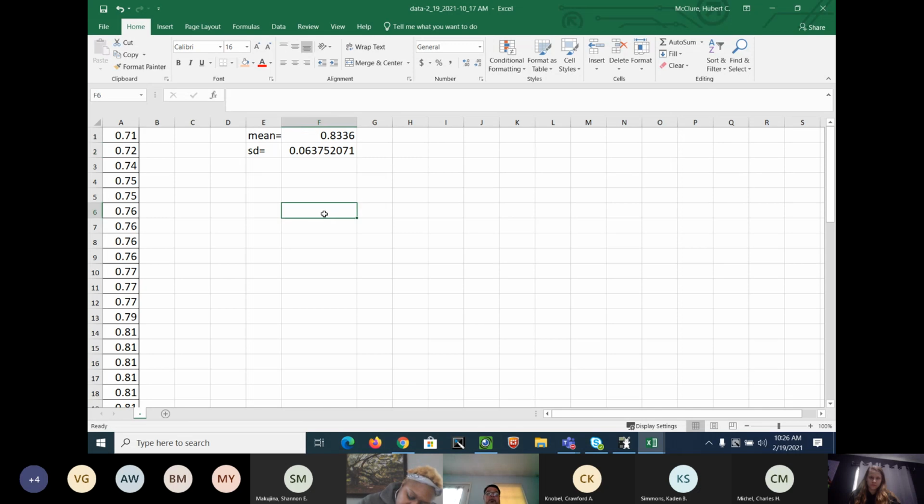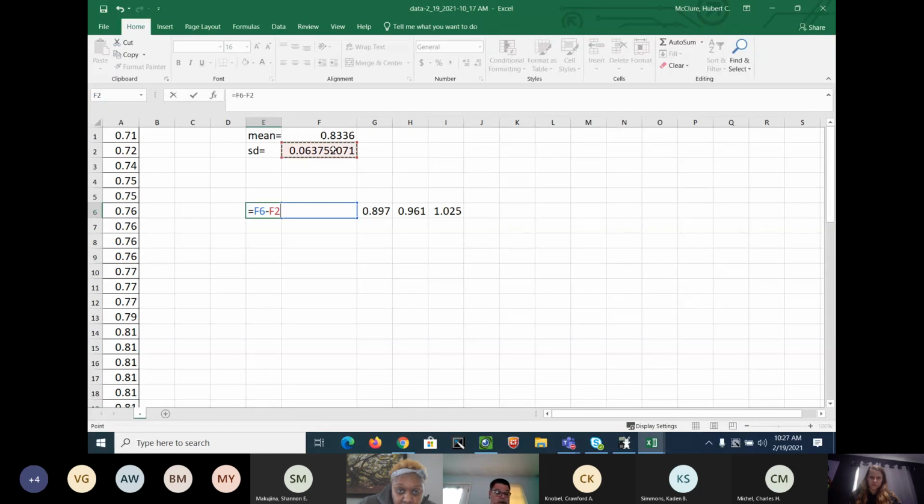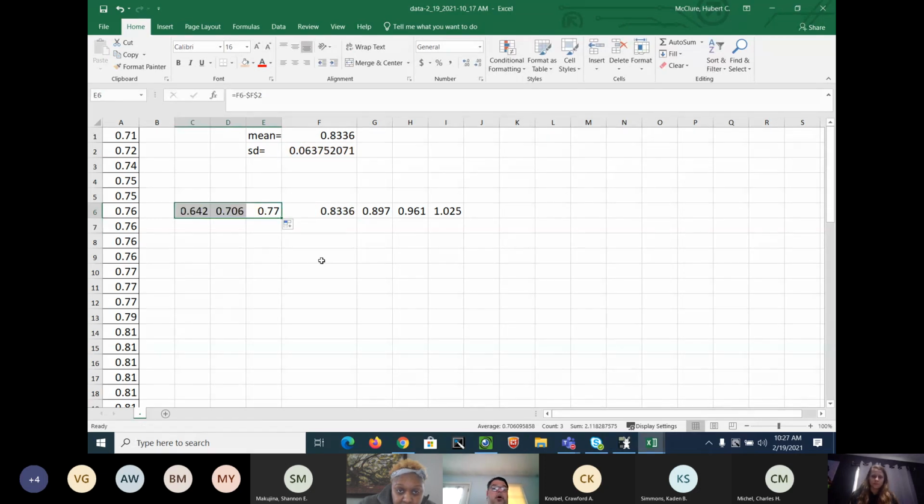I take my mean and put it in the middle, then add my standard deviation to the mean to the right, two more places. And I subtract it on the left. Function F4, for those people that know what that means. And there are my numbers.